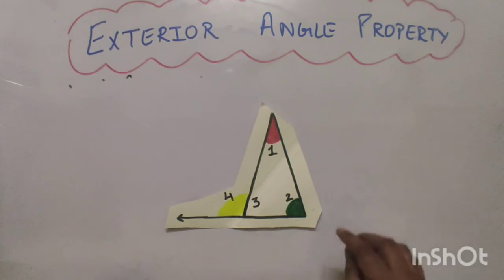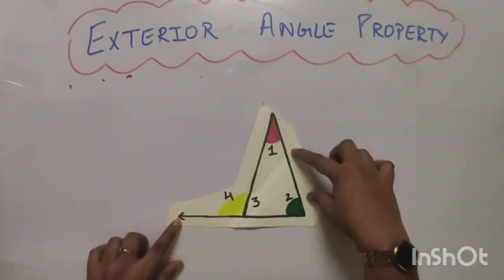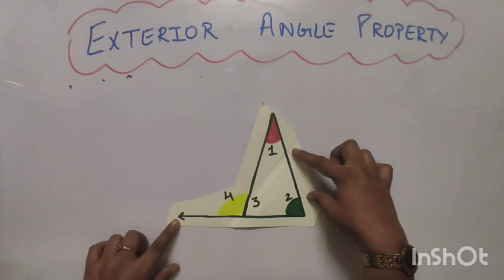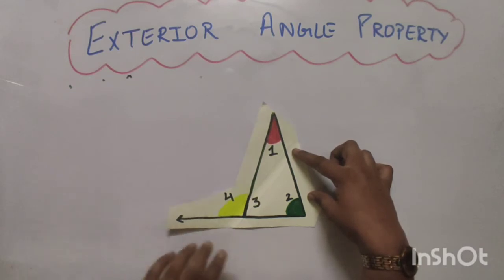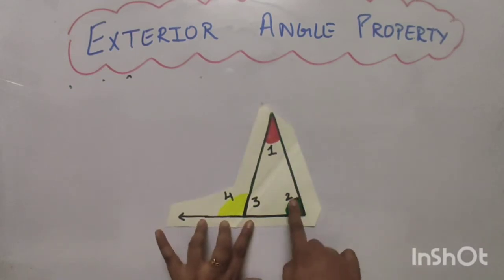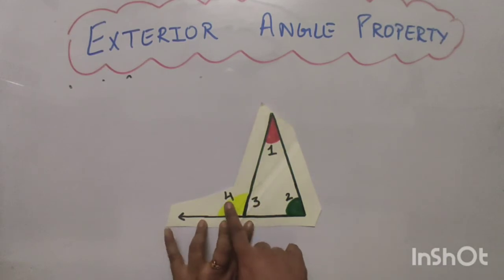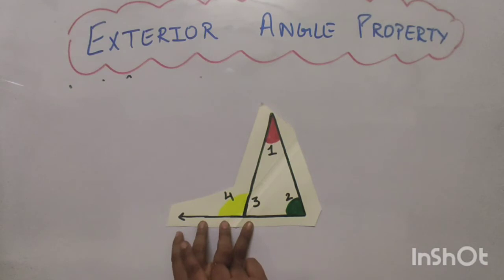Now children, you can see that I have placed one triangle on the board in which there are four angles: angle 1, angle 2, angle 3 and angle 4, right? Same as the previous figure which I have discussed.